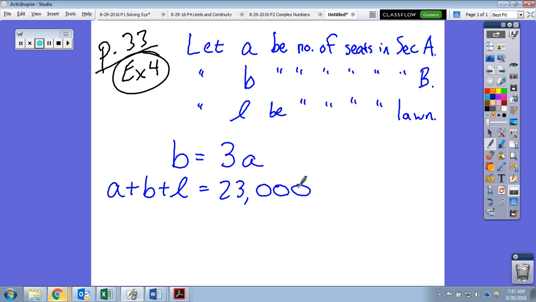So $75 is how much they charge for a seat in section A, plus they charge $55 for a seat in section B, plus they charge $30 for a lawn seat.